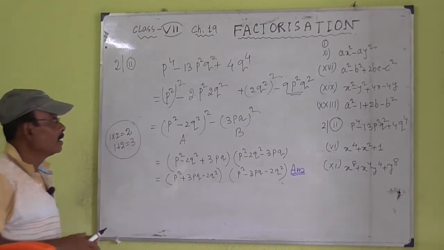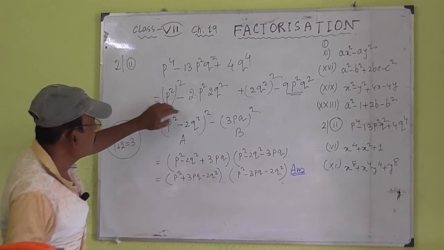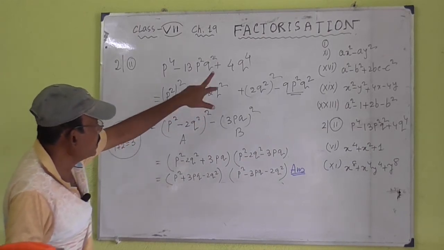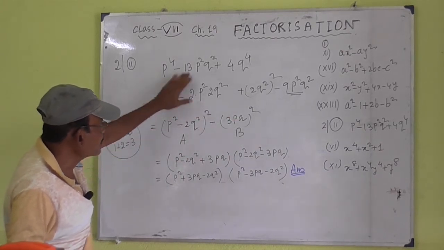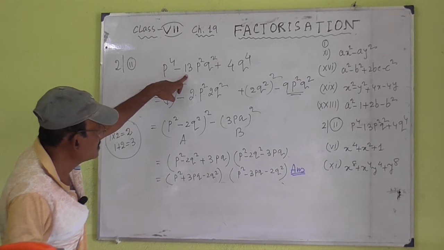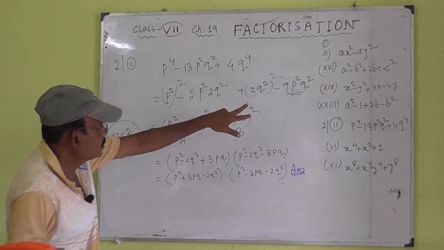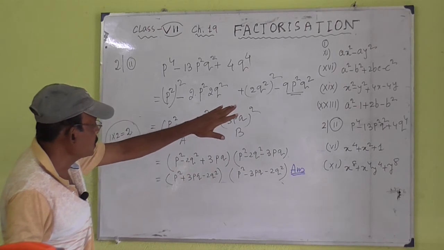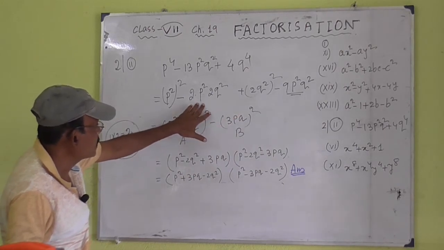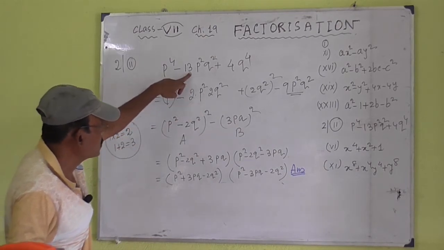Understand? Now, here p to the power 4 be right, p square whole square minus 4 p square q square plus 2 q square. To balance 13, we write 4 p square q square and we take minus 9 p square q square, and minus 4 p square q square makes 13 p square q square.